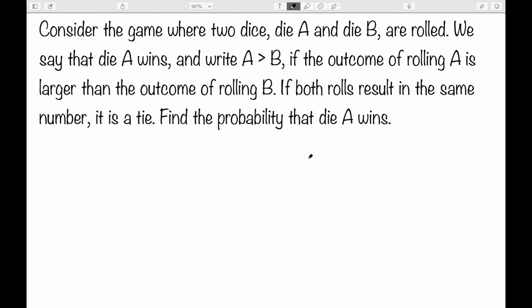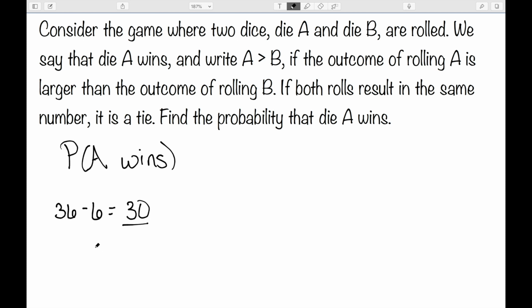This time, I have the same problem. I want to find the probability that die A wins. And rather than using a rule, we're going to think this through. There are 36 possible outcomes. We've just said that 6 of them result in a tie. So out of those, there are 30 that could result in either A winning or B winning.